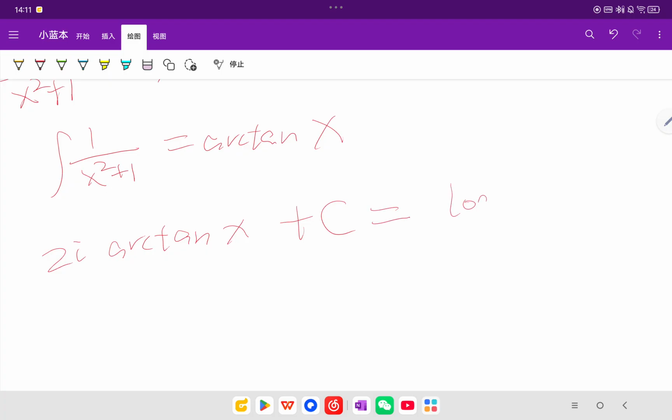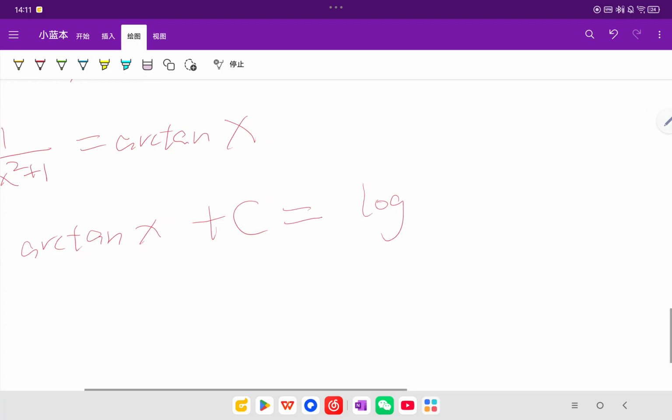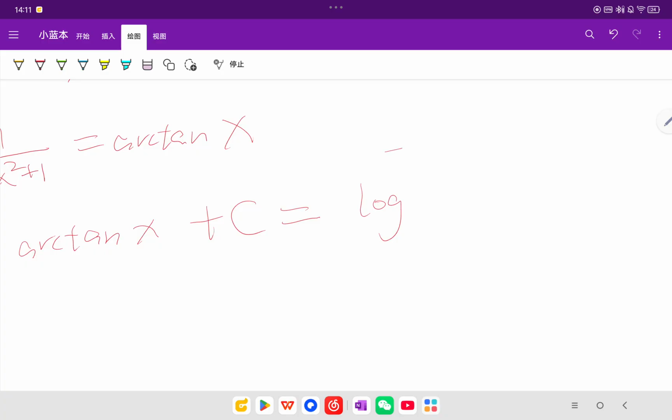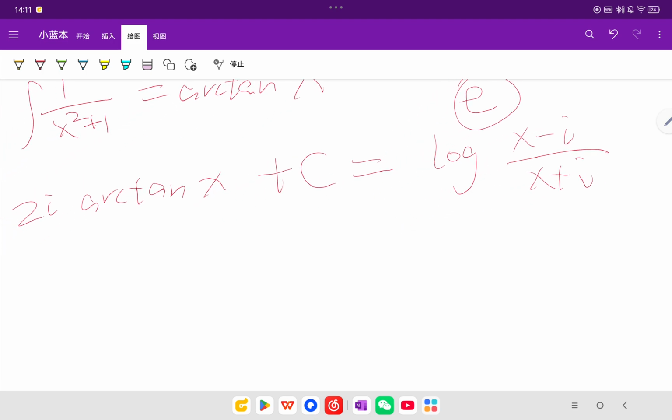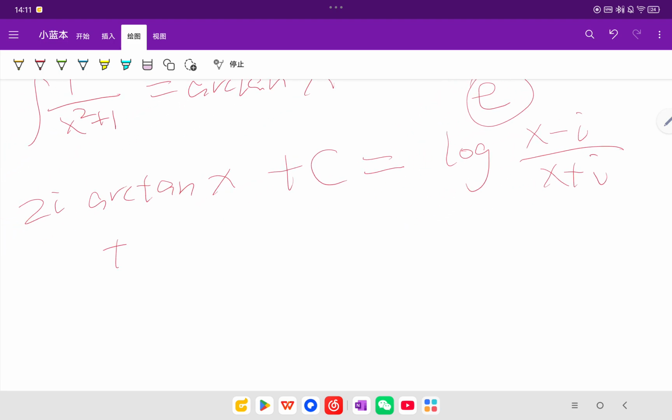equals log. Notice that this is of base e. We also get on the other side x minus i divided by x plus i, where we further replace x with tan y divided by 2.